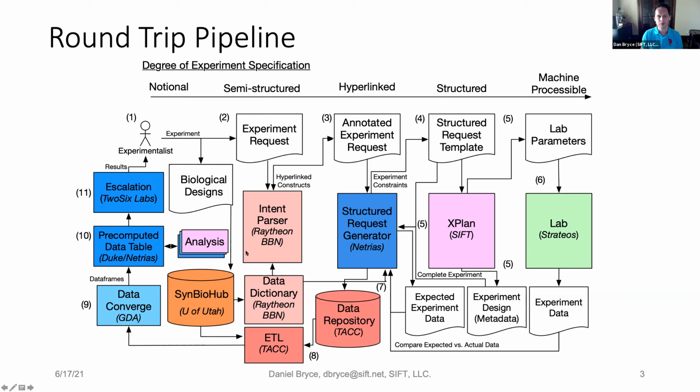SBOL is mainly used as part of describing the biological designs. And I think that's it. Jake, was there anything else that you would add? The intent parser, the data dictionary, and SynBioHub all are SBOL.